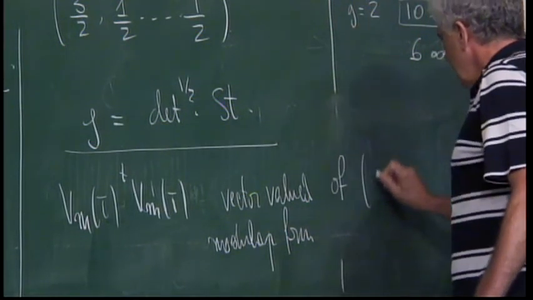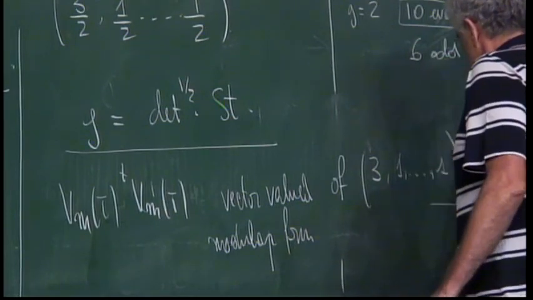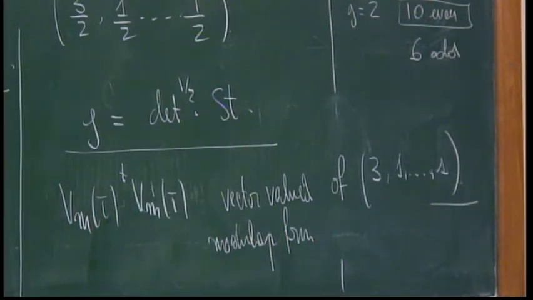Of eigenweight 3, 1, 1, 1, something like this. Now, the nice result is the following, that Sam and I proved a little bit more than 10 years ago.